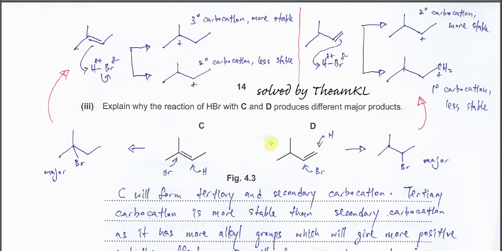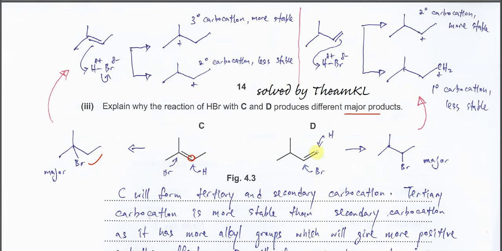If we follow Markovnikov's rule, it will form the major product, and the carbon with more hydrogens will get the hydrogen from HBr. In C, this carbon will form the new bond with hydrogen, and this carbon will form the new bond with bromine to form this major product.